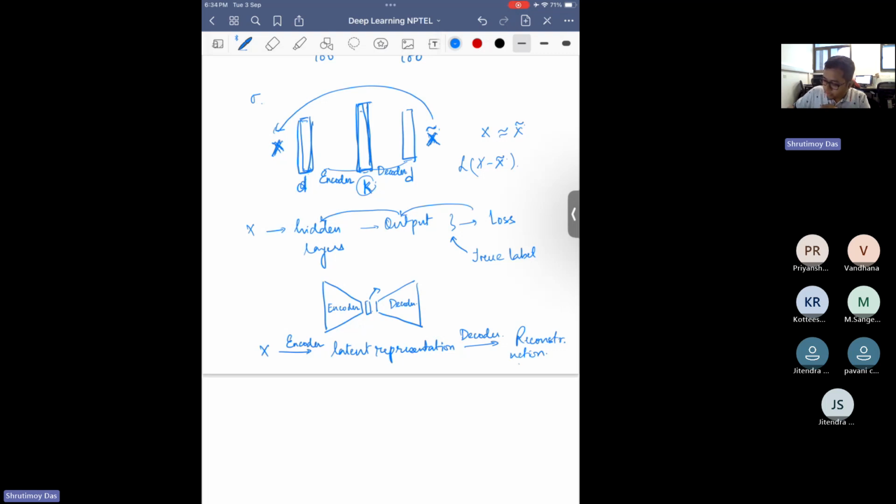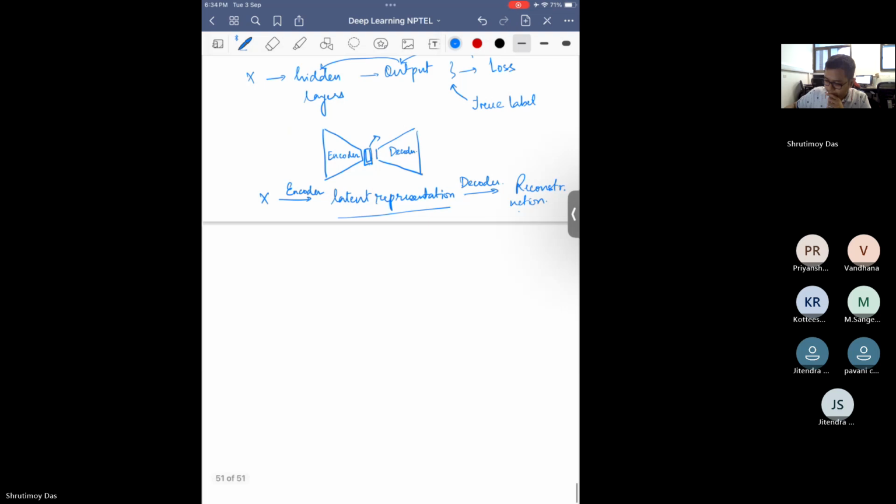Once you update your weights, this latent representation will also be updated. When you are at some minimum, say your x and x tilde are good enough, the representation that you learn will be the best representation of that data. That is basically how this encoder decoder thing works.